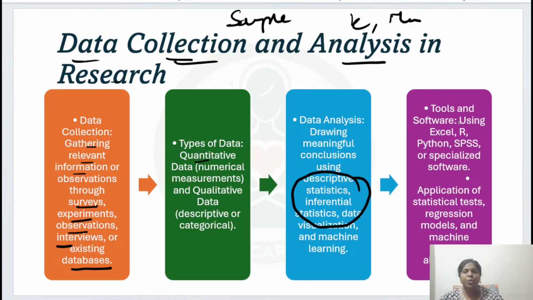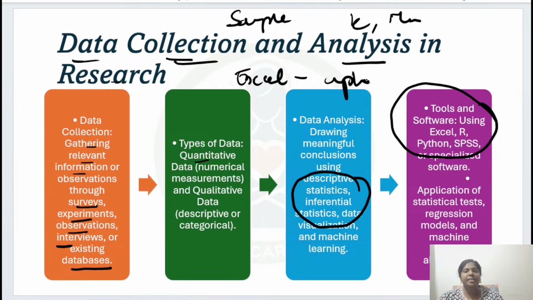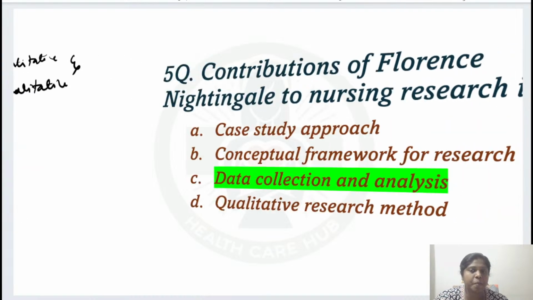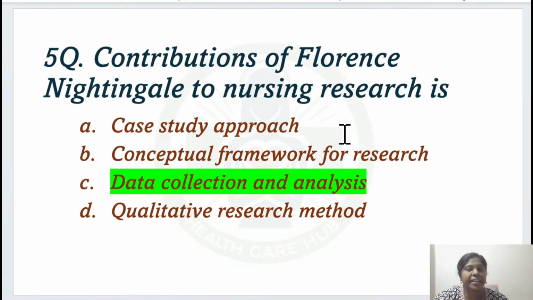And nowadays we are also using software; with the help of software, in Excel sheets we are uploading the data. This is a modern tool which we are using. So, the answer to our question, the contribution of Florence Nightingale to nursing research, is data collection and analysis. Clear?